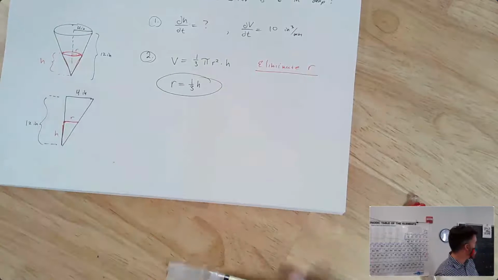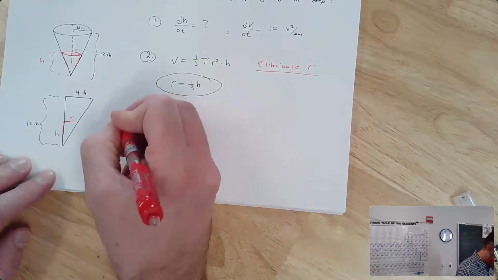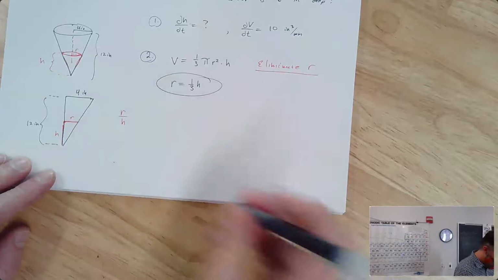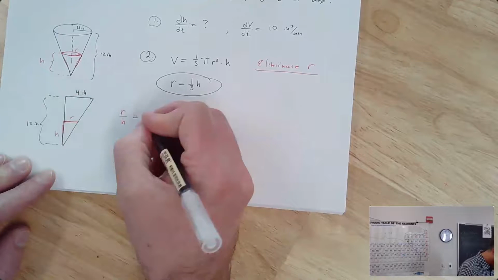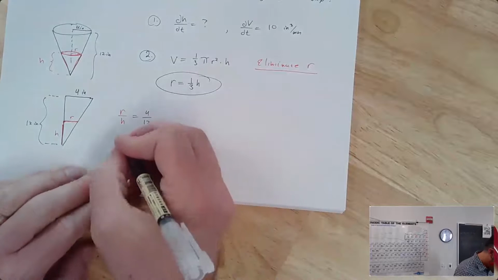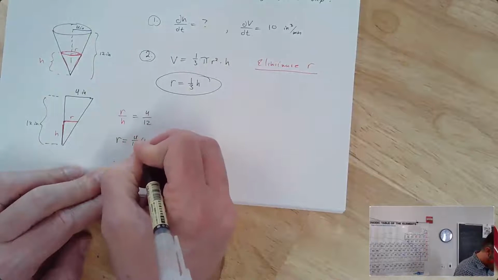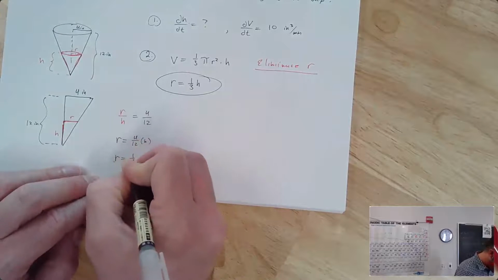And then you could use similar triangles and say, okay, the base to the height equals the base to the height. And then you could solve for the radius and say, multiply both sides by the height, the radius is 4/12 of the height, which is just 1/3 of the height.